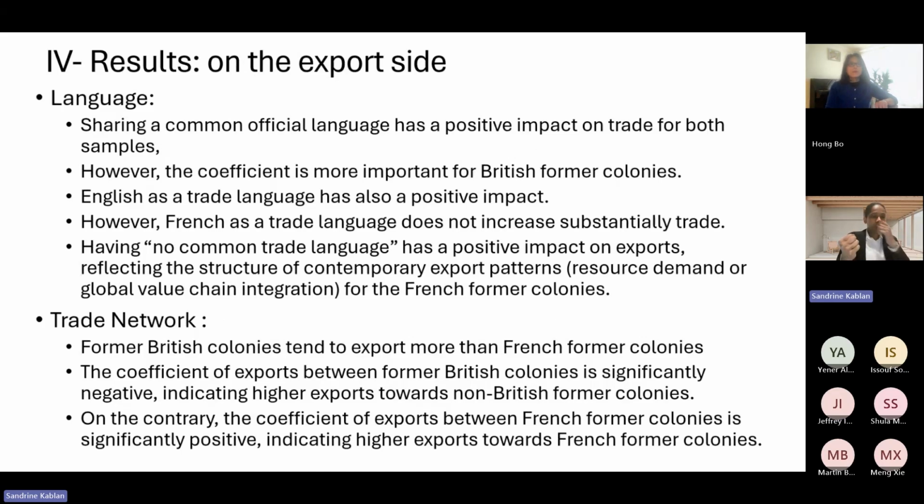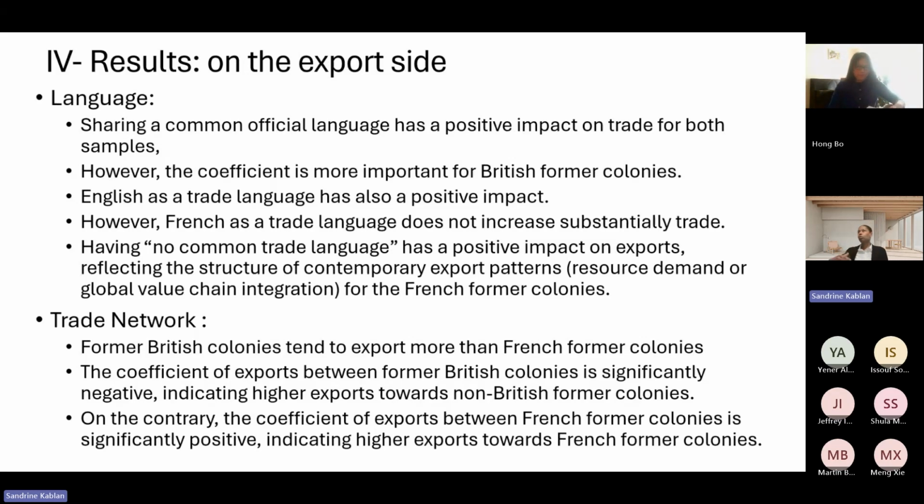Now, when we look at language, we can say the following. We see that sharing a common official language has a positive impact on trade for both samples. However, the coefficient is more important for British former colonies. And we also see that English as a trade language has a positive impact.